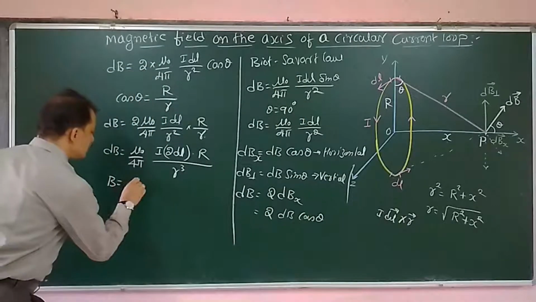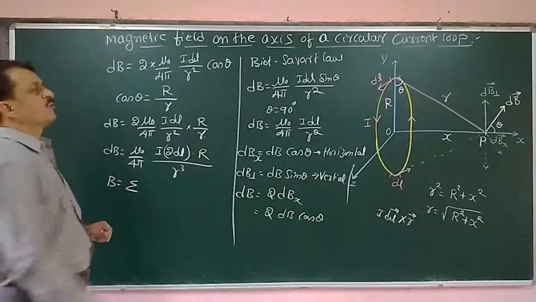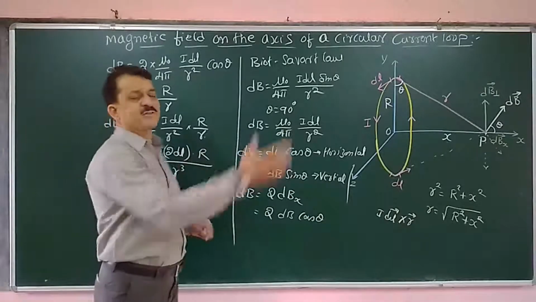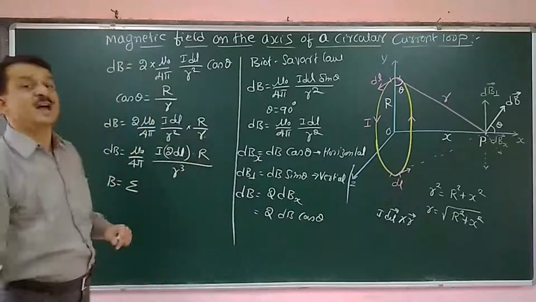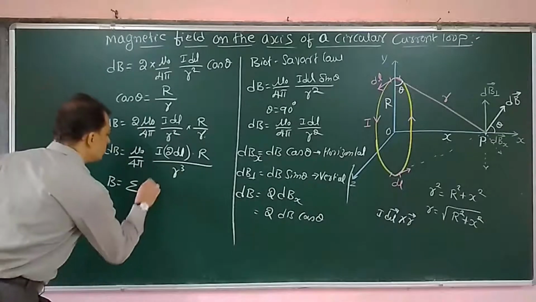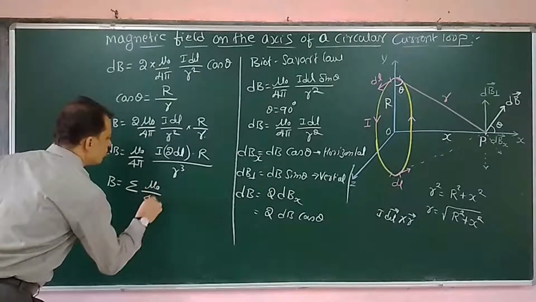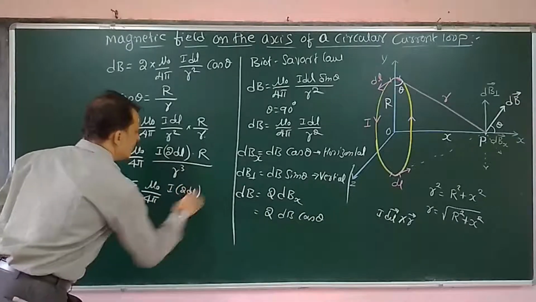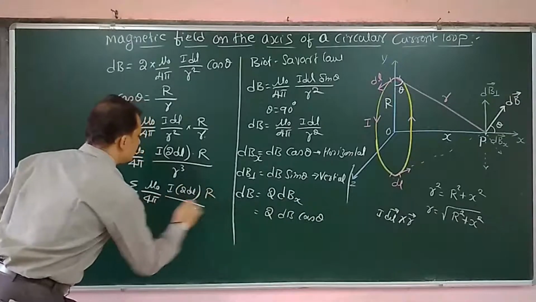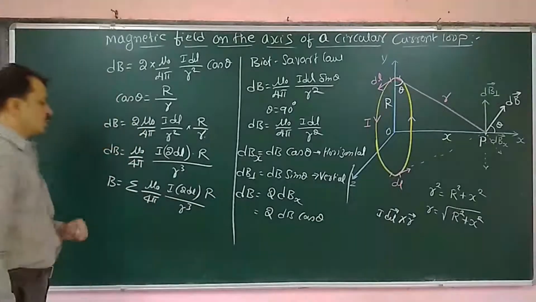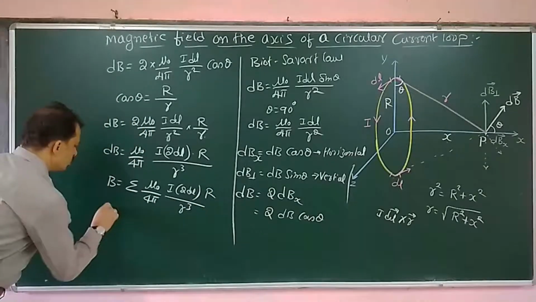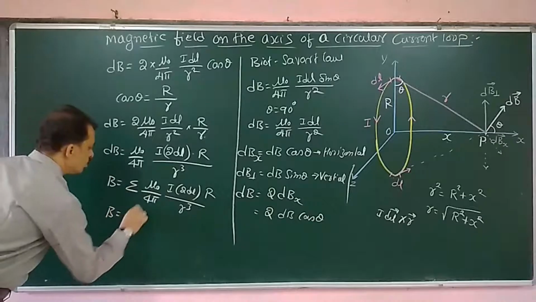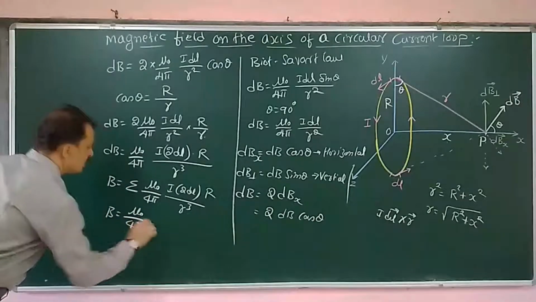That is the sigma notation. It is the summation of the magnetic field due to all the elements, equal to mu naught divided by 4 pi into I into 2 dl into R divided by r cube. So B is equal to mu naught divided by 4 pi is common.